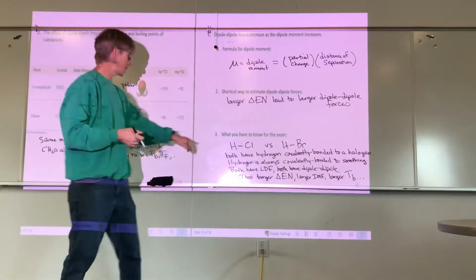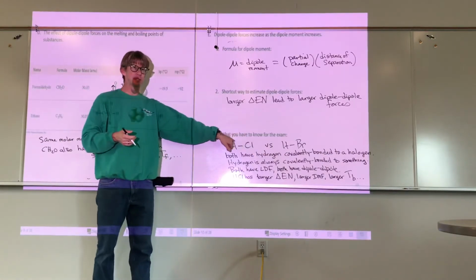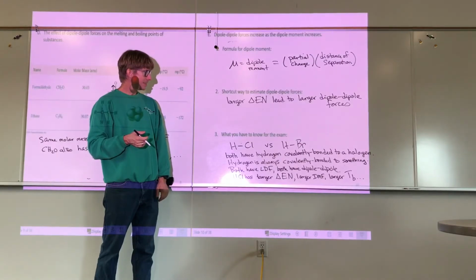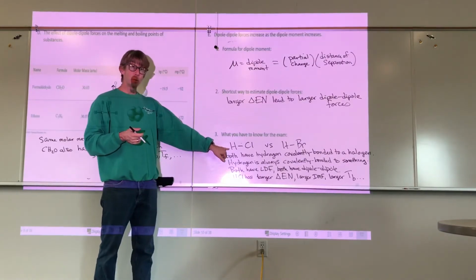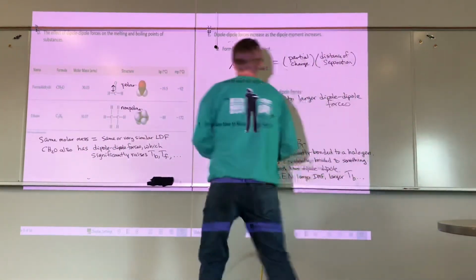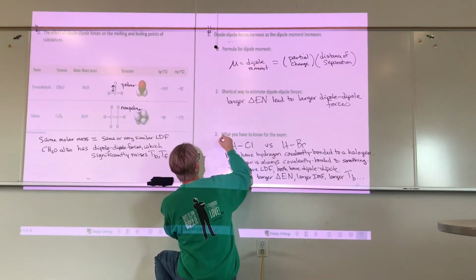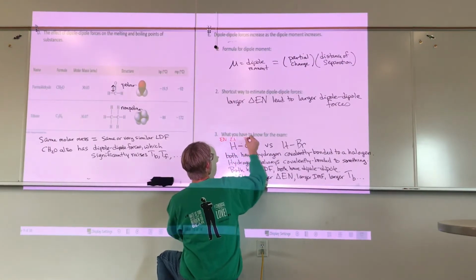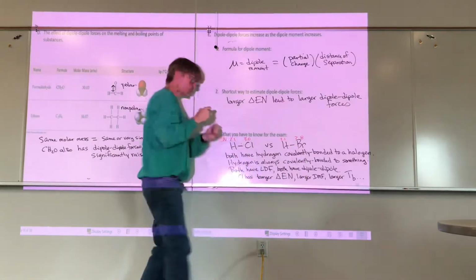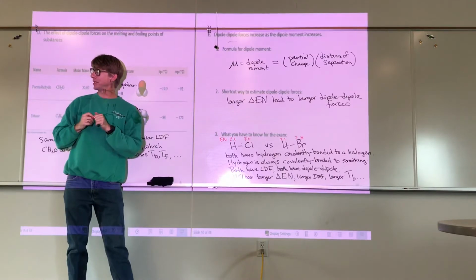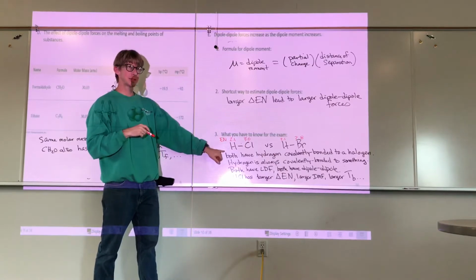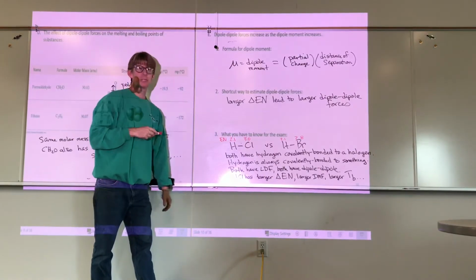So you'll be able to evaluate the difference in electronegativity for each of these. You would find 2.1 for hydrogen, and 2.8, I believe, for bromine. Yeah, that should be right. And so a larger difference in electronegativity leads to larger dipole forces.